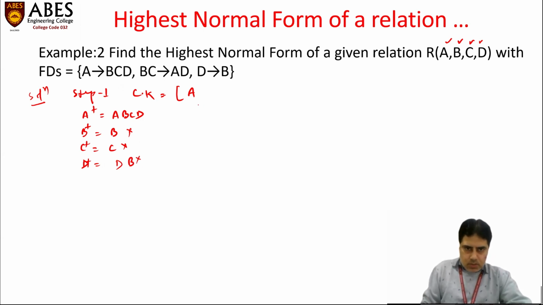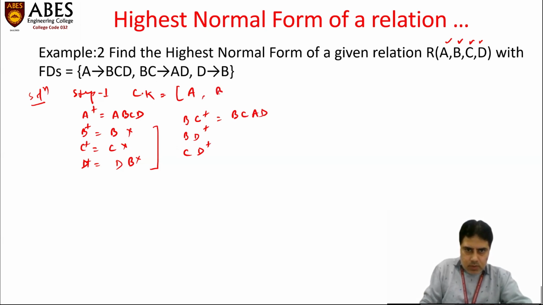Now, here are the failures. Now check for further candidate keys. The possible combinations are BC, BD, and CD. Take the attribute closure of BC: from BC we can determine AD.